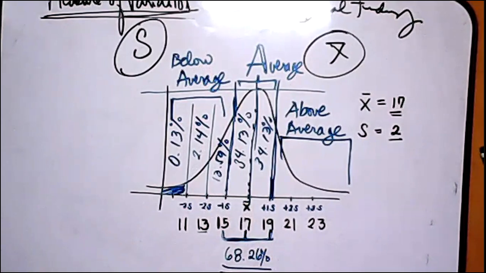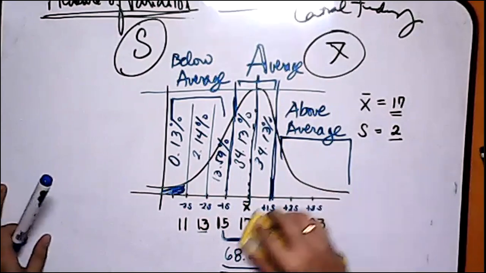For example, if your score is 20, are you average or above average? Above average. If your score is 16, then your score is within the average. So again, you can tell the position of your score in the normal curve.